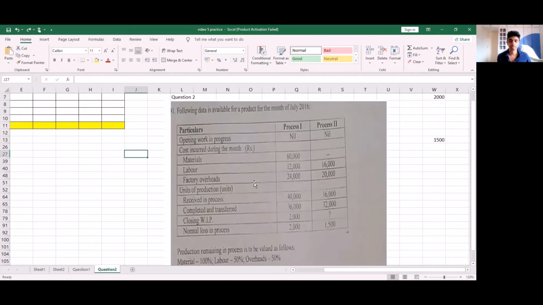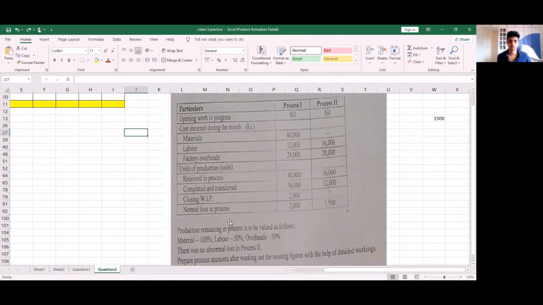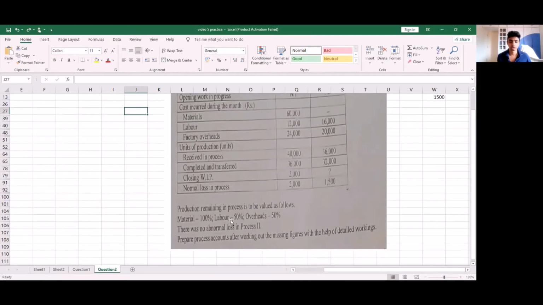We have also been given the units of production received in process, which is our input, completed and transferred, which is our output or finished goods, closing work in progress, and normal loss in process. We are also given that production remaining in process is to be valued as follows: materials 100%, labor 50%, overheads 50%.